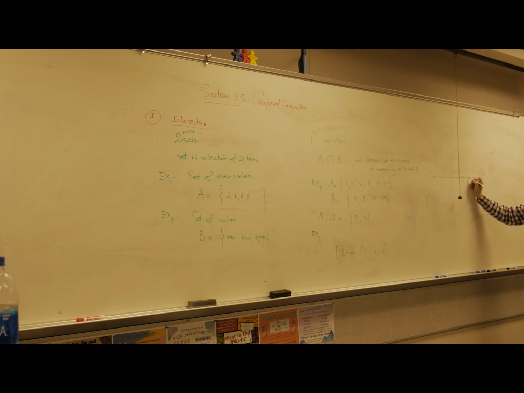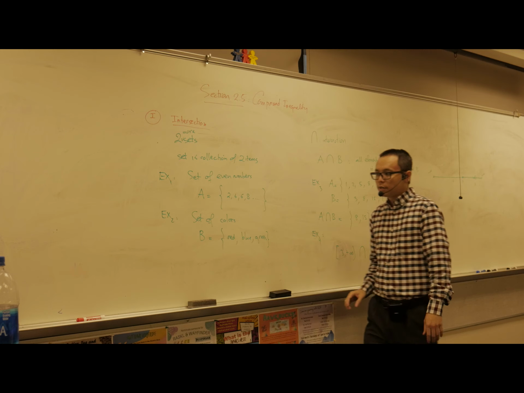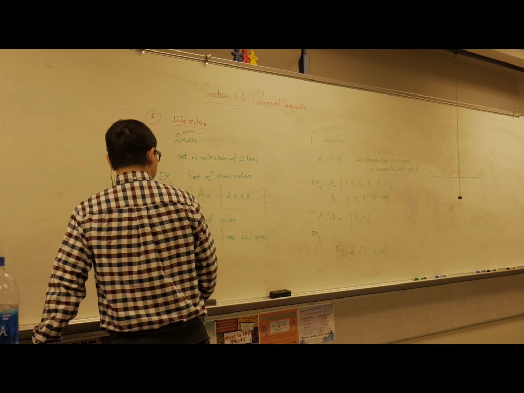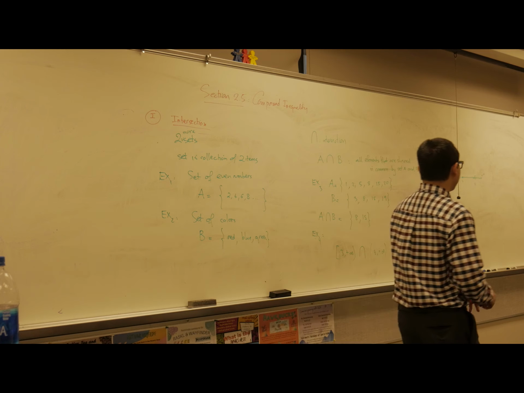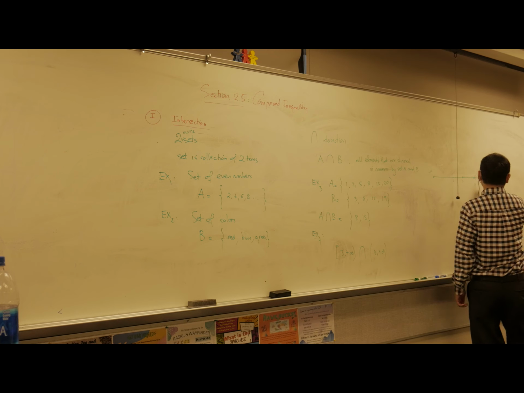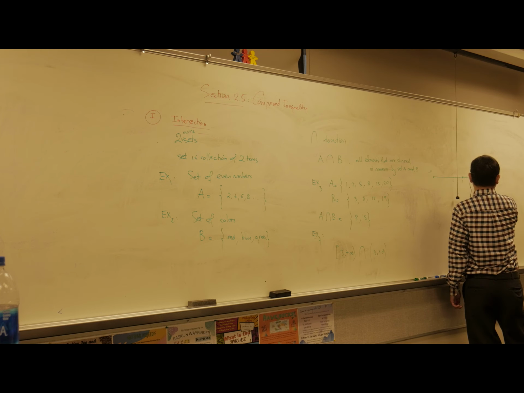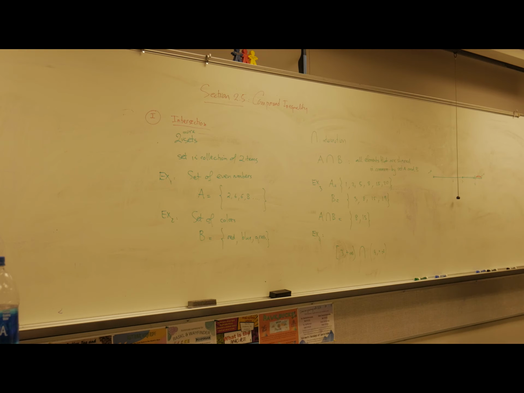So 1, 2, 3, 4, 5, 6, 7, 8 is maybe around right here, right? And over here we're going to have an open circle, and let me use a different color to set everything to the right of 8. So 8 right here, we use red color here.